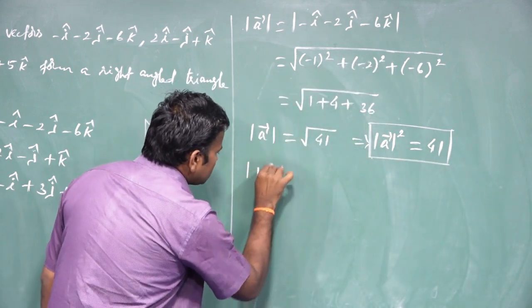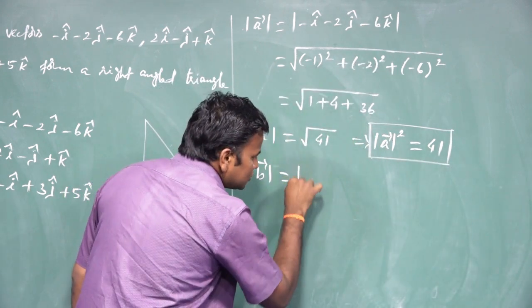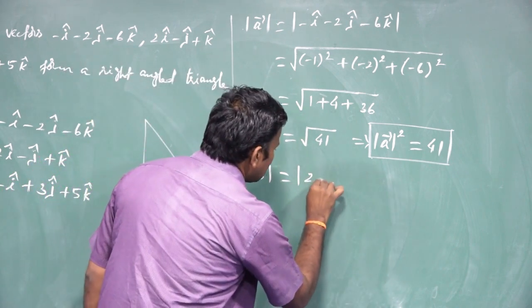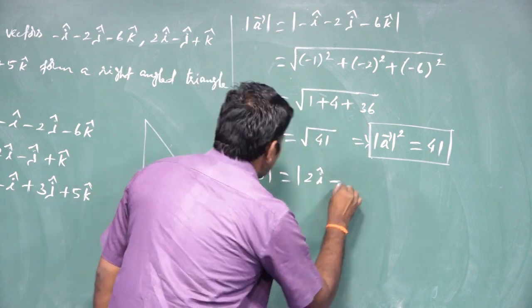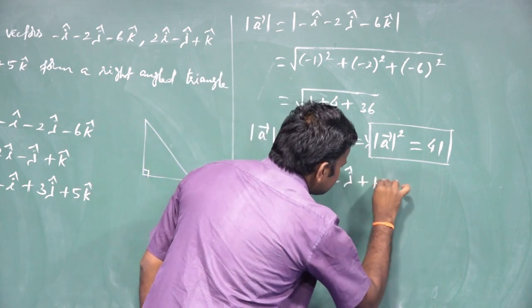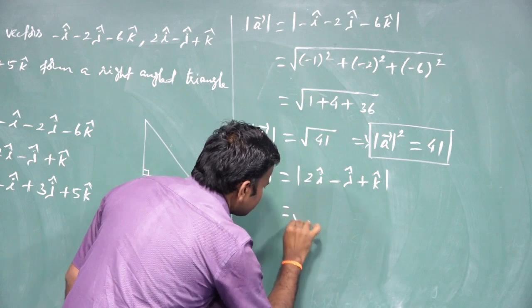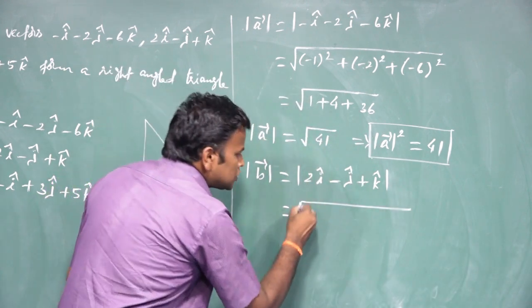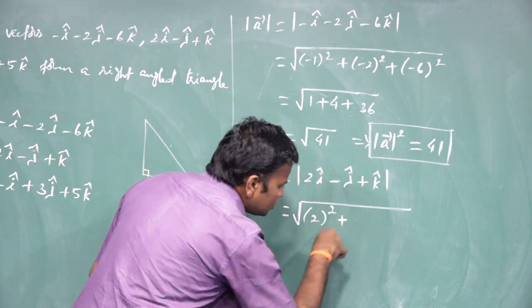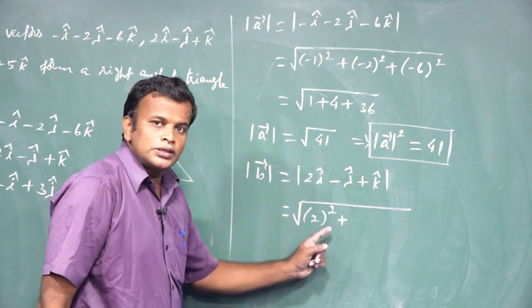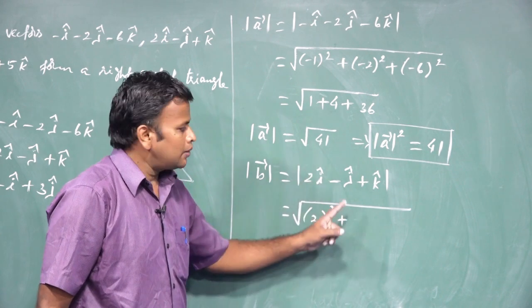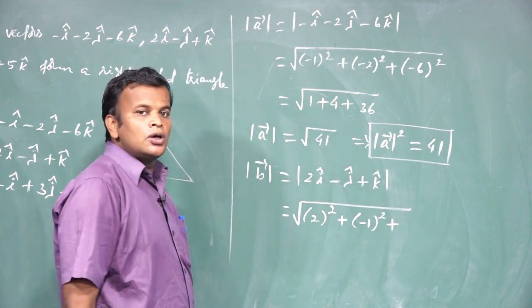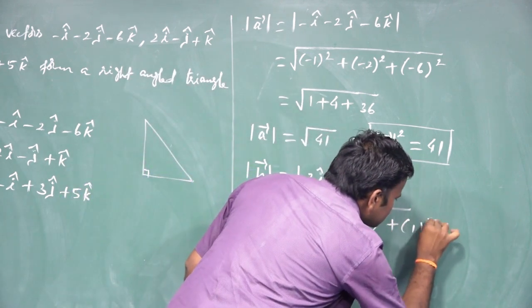Next, we will take the modulus of the second vector. Modulus B vector. Modulus of the value of B vector, 2i cap minus j cap plus k cap. Same working rule. Square root of the coefficient of i cap, 2 the square, we put plus. Next we write the coefficient of j cap, minus 1 the whole square, plus the coefficient of k cap, 1 the whole square.